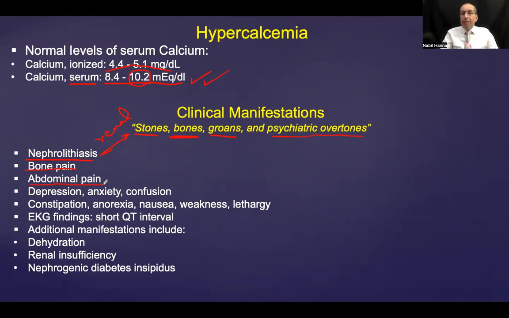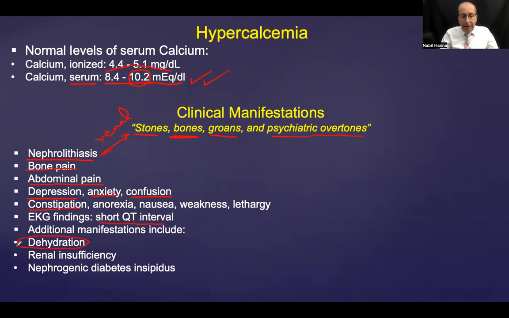They develop psychiatric problems: depression, anxiety, confusion. They also have constipation, and they show some EKG findings, short QT interval. There are some additional manifestations, and the most important one is dehydration.